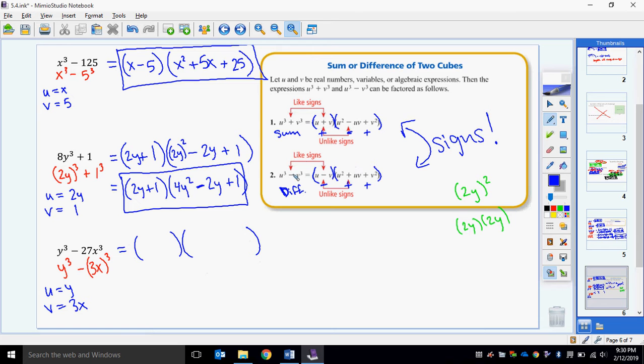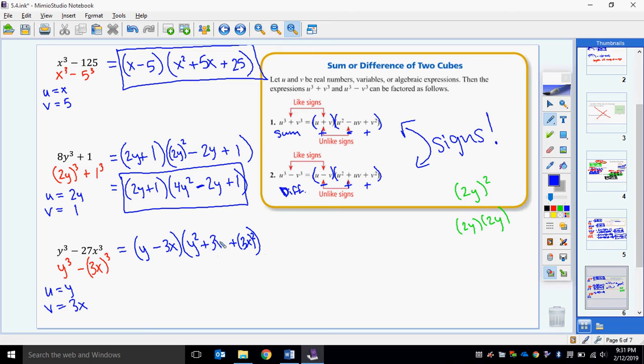Because it's difference, I'm down here. I'm following these signs, minus, plus, plus. First parenthesis, go ahead and fill it in. Second parenthesis, you're going to square the u value in front. In the back, square the v value. And in the middle, you're going to multiply the u times the v.